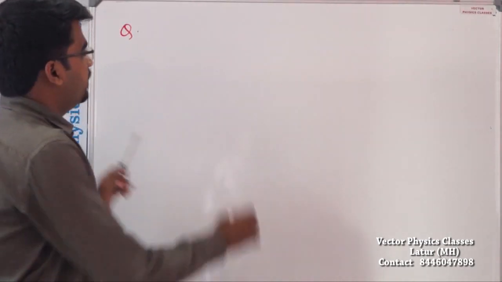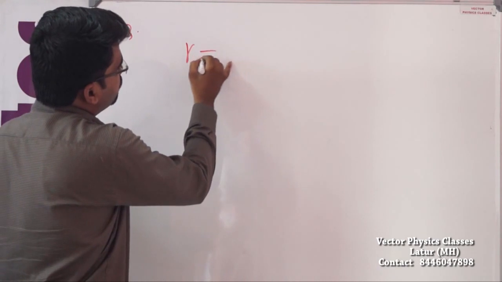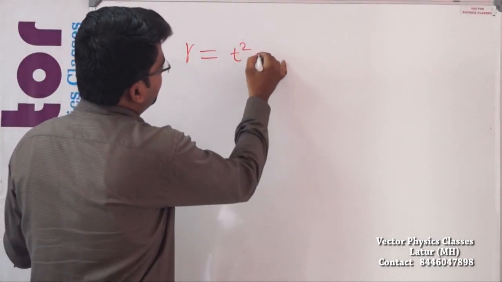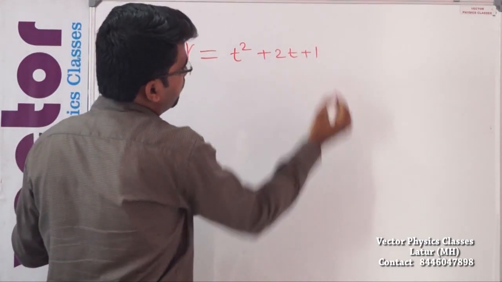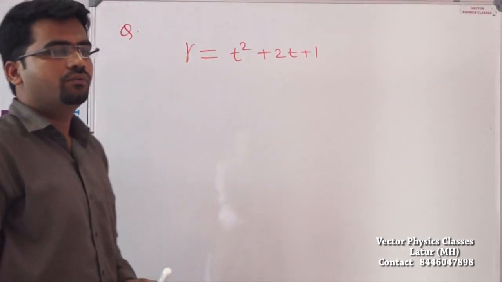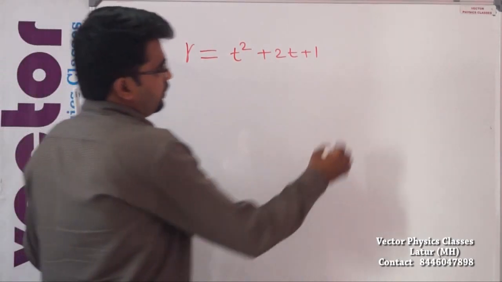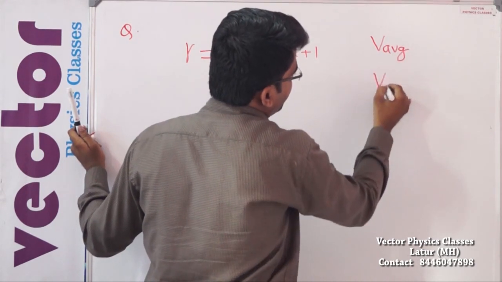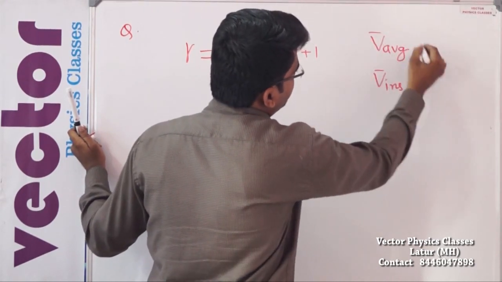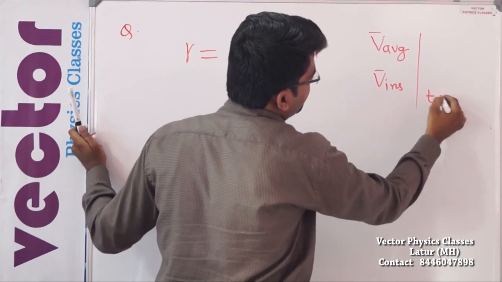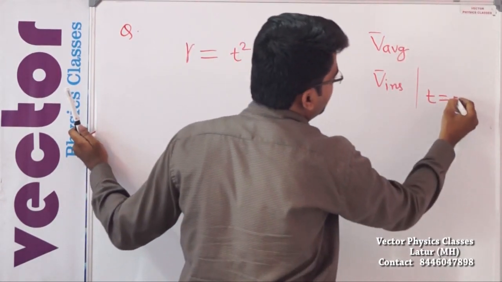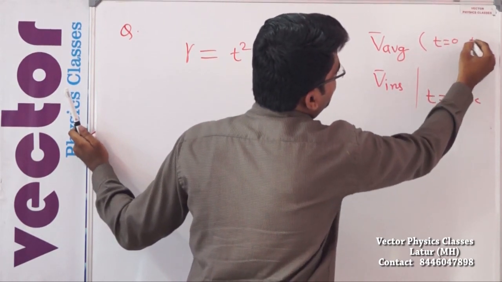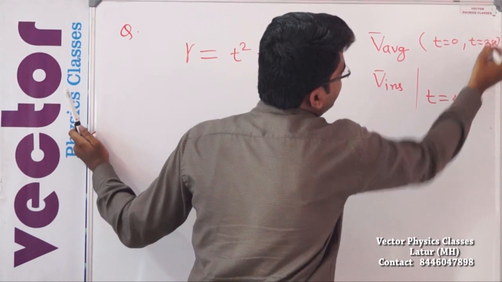Now the question is: if the position of a particle as a function of time is given as t square plus 2t plus 1, then find the average velocity in the time interval t equal to 0 to t equal to 3 seconds and the instantaneous velocity at t equal to 4 seconds.